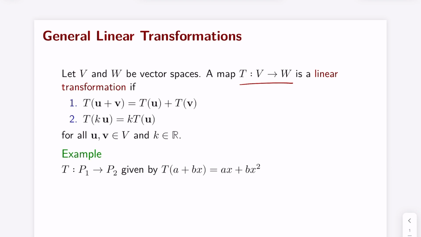So let's see if this transformation is really a linear transformation. So we need to prove the two properties. For property 1, we will do the transformation of an addition of two vectors. Let's take this vector, a plus bx, and add another vector, a prime plus b prime x.